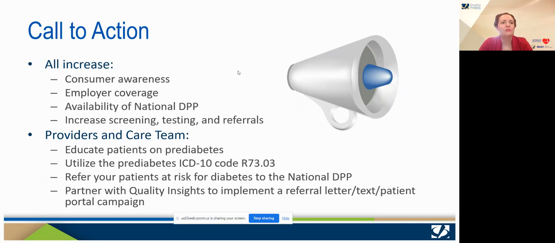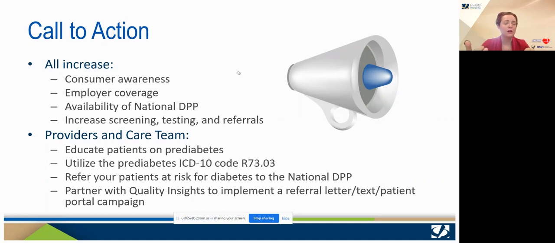So what I would like to do now is just to bring everyone back to focus on a call to action. What we are asking from participants today are a couple of things. For everyone, whether you are a provider, non-clinical, or a community-based organization, work on increasing awareness of prediabetes and the National Diabetes Prevention Program with those that you work with and serve in your communities.